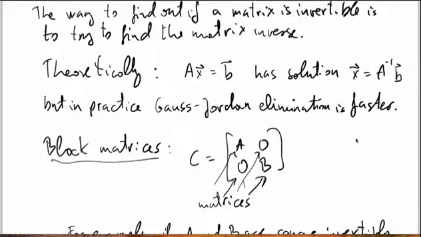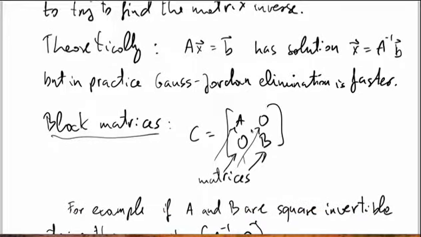Small comment about block matrices. These are matrices put together from matrices. So A is a matrix, 0 might be a 0 matrix, 0 is a 0 matrix here also, and B is a matrix. Of course, you have to be careful what the sizes are, so the number of columns and the rows should line up nicely in the big matrix.